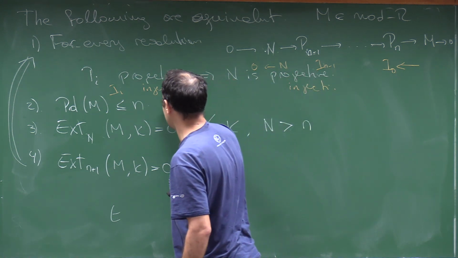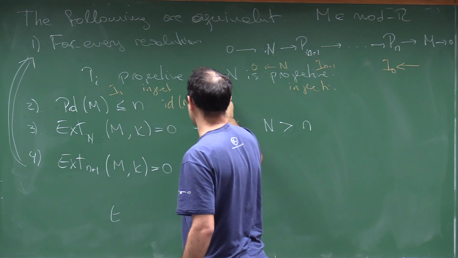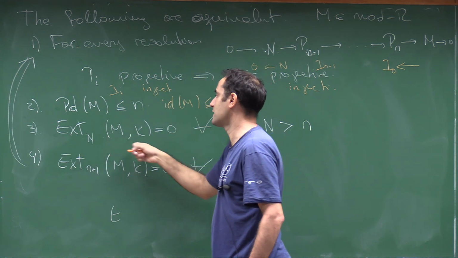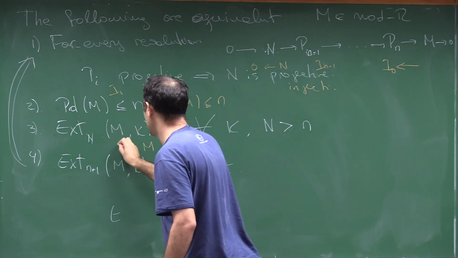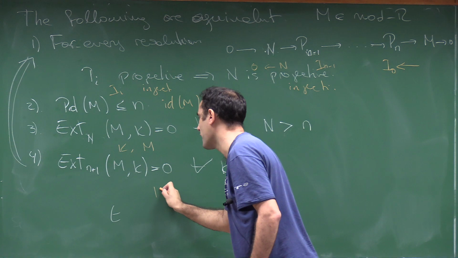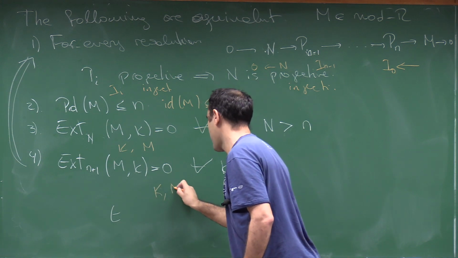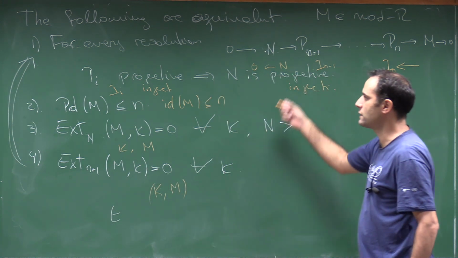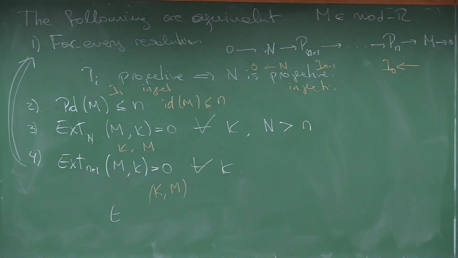The injective dimension of M is less or equal than n. It's the same thing as Ext^k(anything, M) equal to 0, and this is the same thing as Ext^{n+1}(K, M) equal to 0. So these two lemmas are exactly the same.